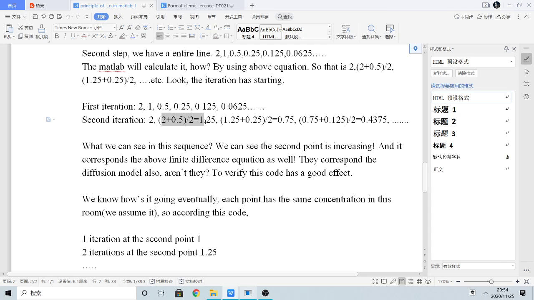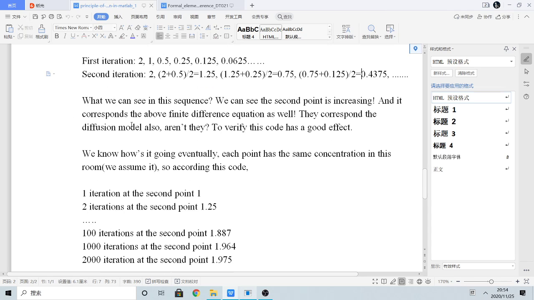So the second time I want to calculate this point concentration, we need to use the previous status added to the next status from the previous time to get it. Use the previous status and then the next status, and so this is the second iteration.